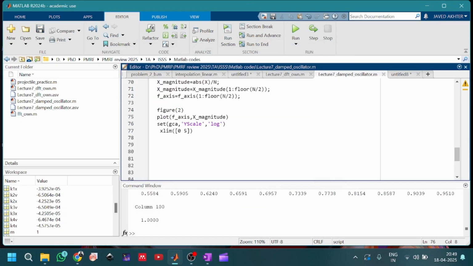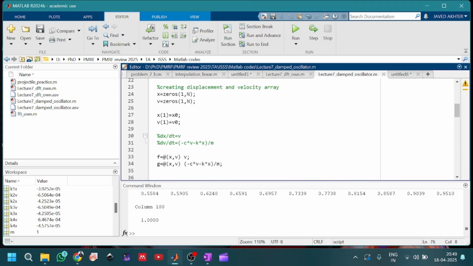So now let me go back here, and suppose you have a drive present in the system. What will you do? For example, suppose you are directly driving your system. So you can add the direct drive term here. Let me try to do that.